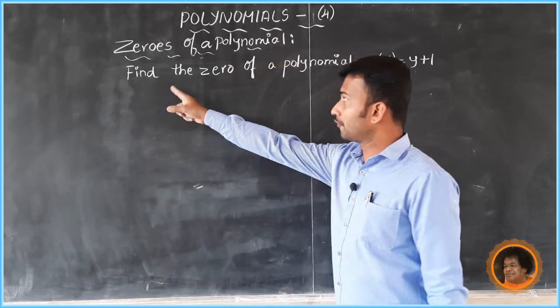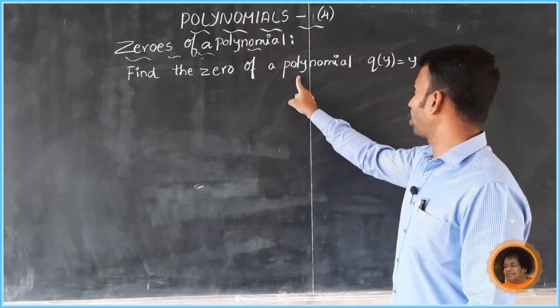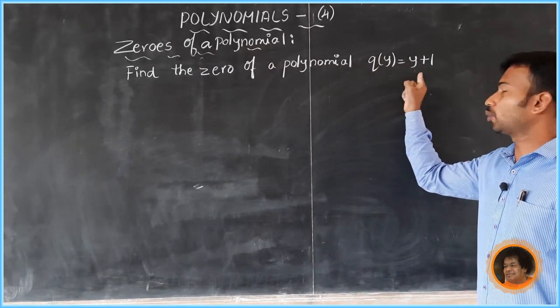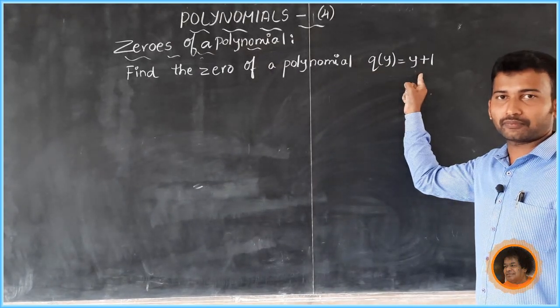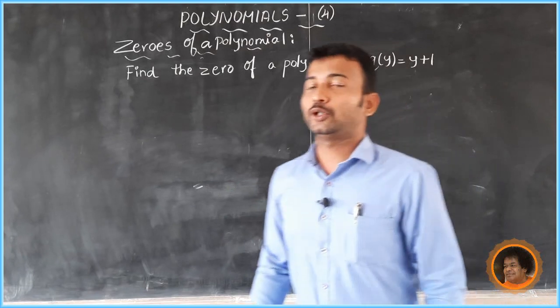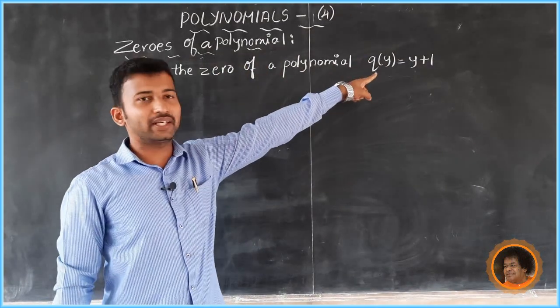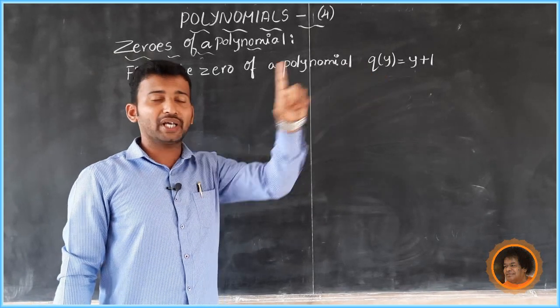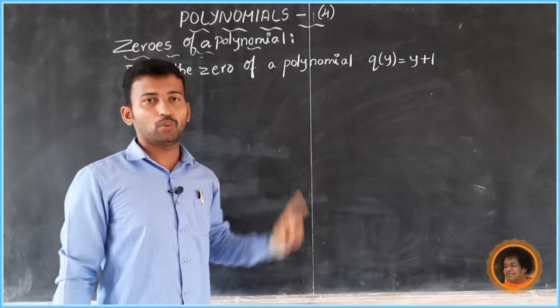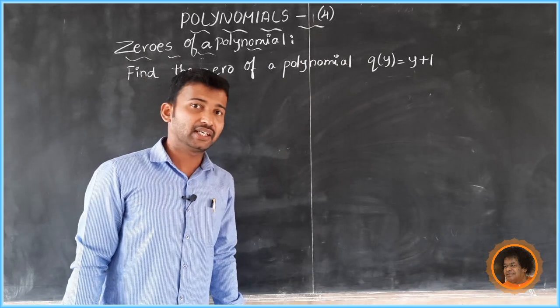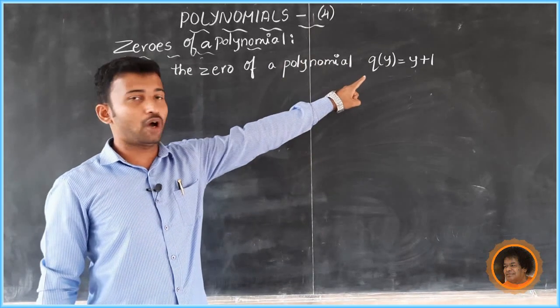Next question, find the zero of a polynomial Q of y is equal to y plus 1. Students, Q of y is equal to y plus 1. The polynomial y plus 1 is a linear polynomial in one variable, that is y. We need to find the zero of the polynomial.